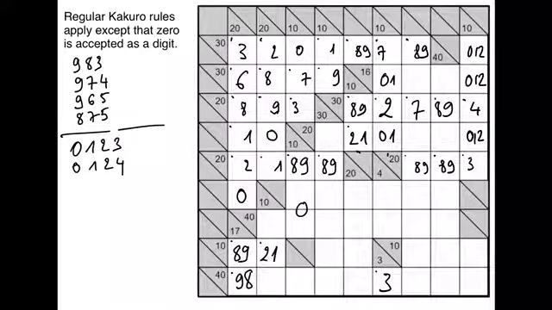Now we have a 0, 1, 2 triple in this row, and those 3 digits must add up to 17. This is at most 6, this is at most 7, so this has to be at least 4.